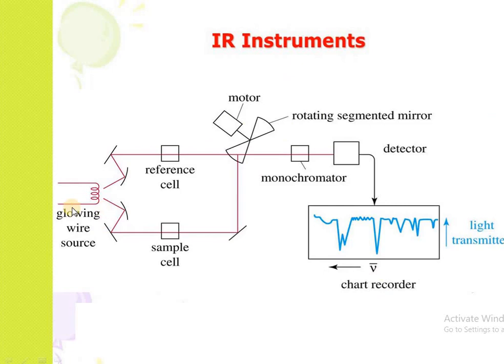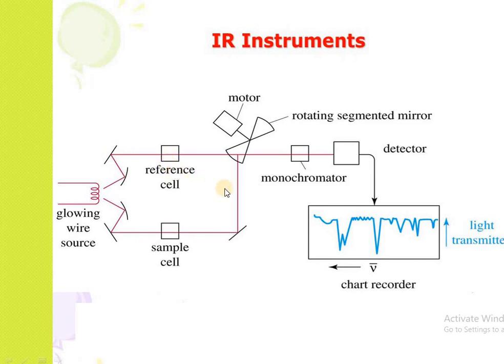Here is the glowing wire source, and from this the radiations fall on this mirror, and then they are reflected by this, and they then pass, one beam through a sample cell and the other through the reference cell.